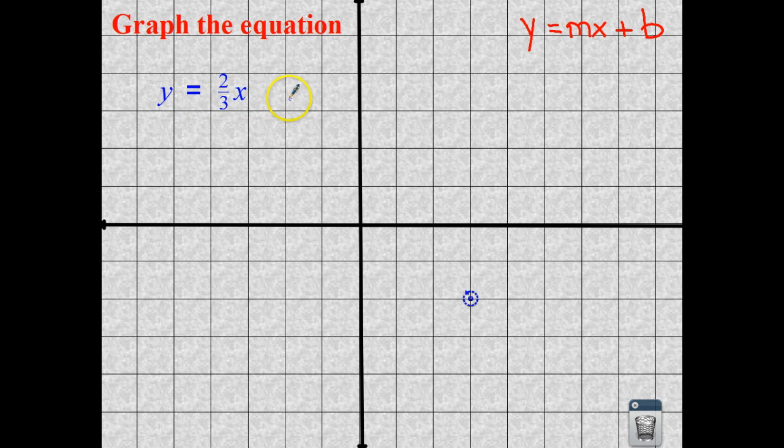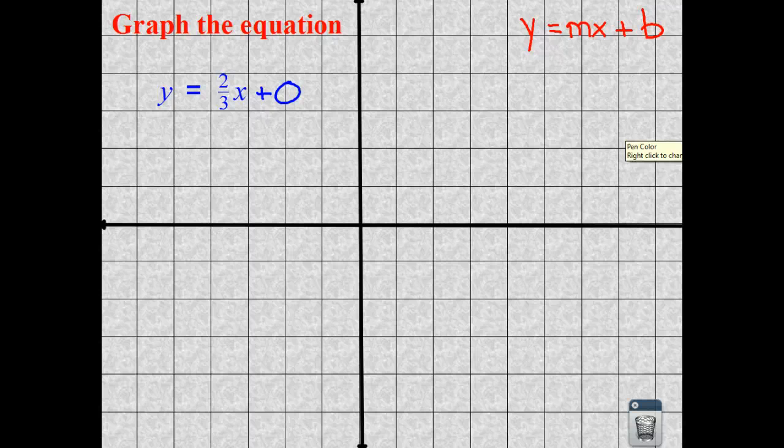I have a missing b, so think to yourself, what might be that missing b? Okay, you're right, it's a 0. So if you want to put it in, you can. It could be +0, -0, and that is your starting point.